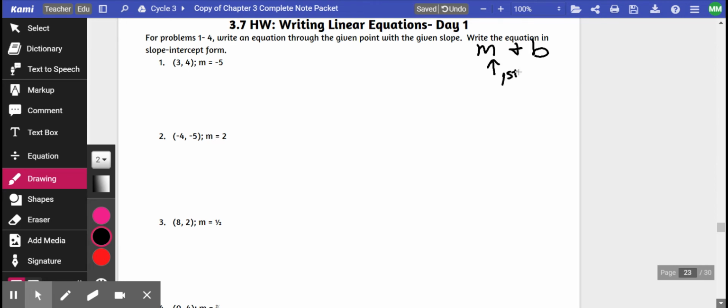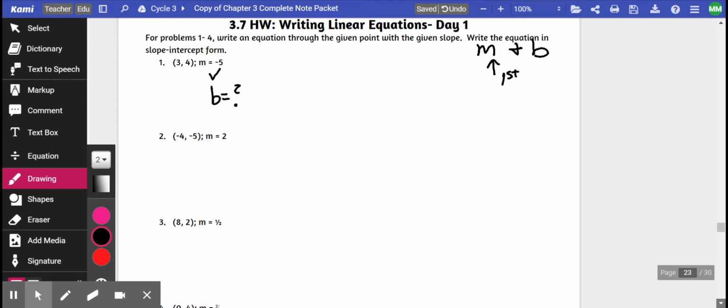Okay, so looking at number 1. For number 1, we are given a point and we are given the slope. All right, so we have M. We know M equals negative 5, but we still need to find B. So B equals what? That's the big question mark here.